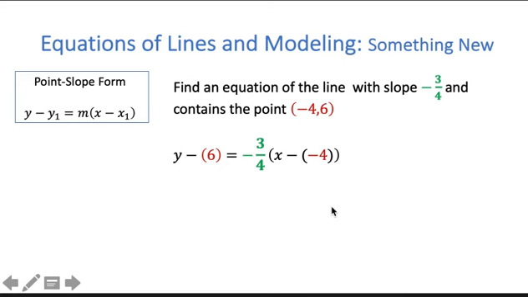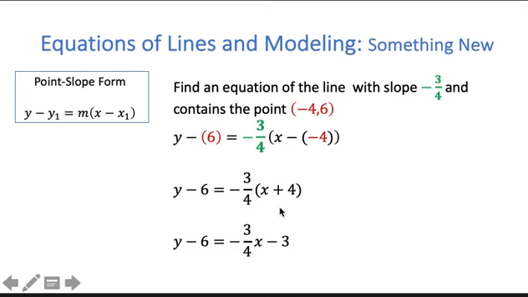Now let's go through and simplify this equation. When we're done, our equation is going to be in slope-intercept form. Now watch. The first thing I want you to notice is we have two negatives in this parentheses, so that makes a positive. Then I'm going to distribute the -3/4. When I distribute -3/4, I get -3/4 x minus 3. See, these 4's cancel, so it's going to be 3 times 1.